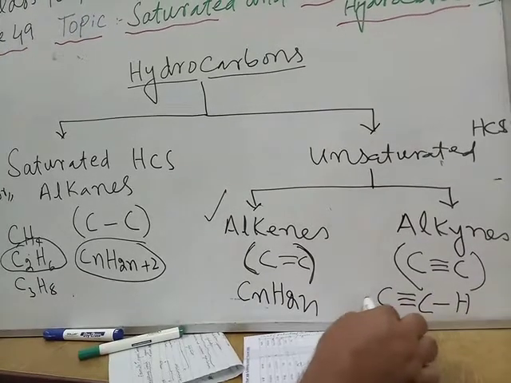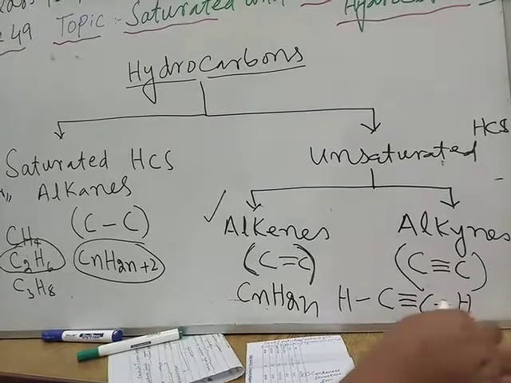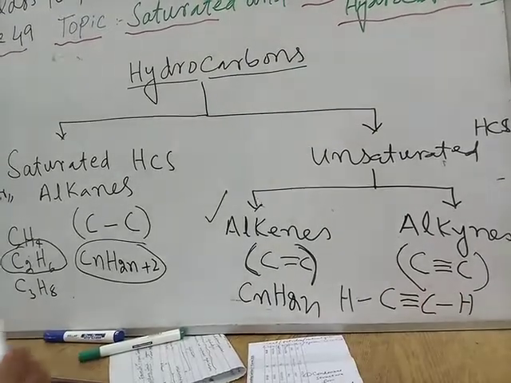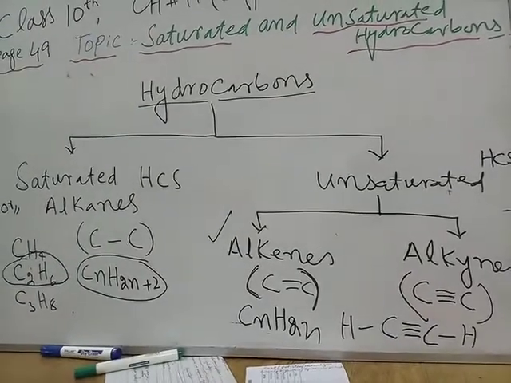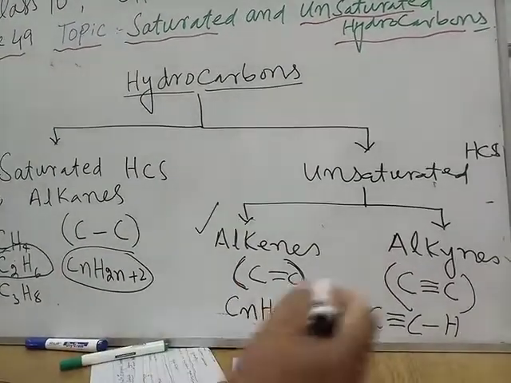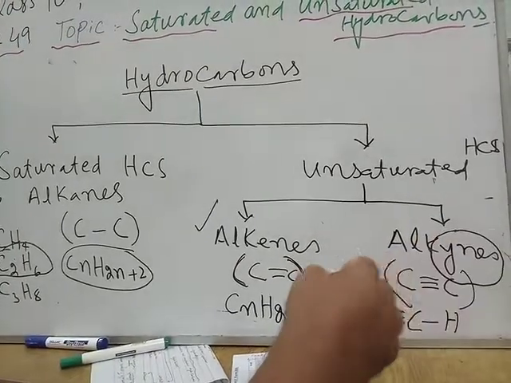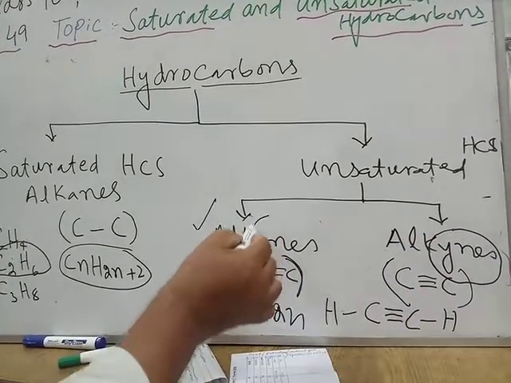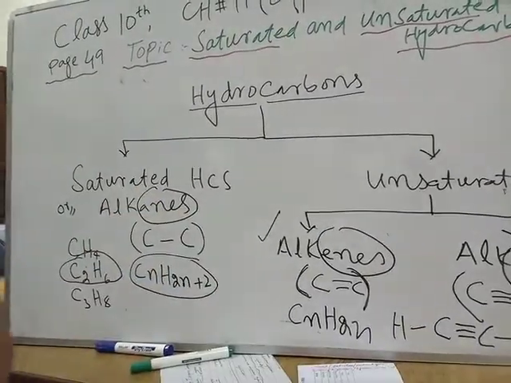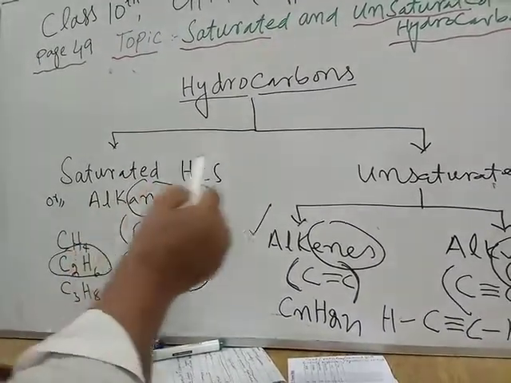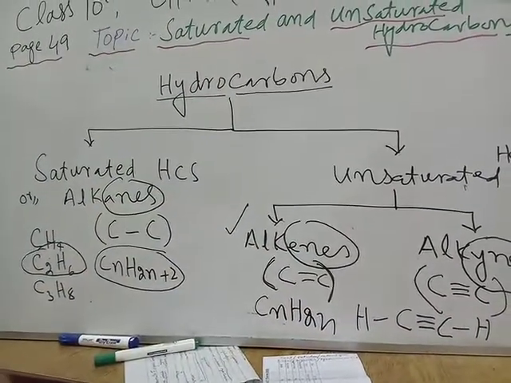Now look at this one: with the carbon-carbon triple bond, two hydrogens are connected at both sides of the triply bonded carbon atoms. So these are called alkynes. Here the suffix -yne is used in alkynes, the suffix -ene in alkenes, and the suffix -ane in alkanes. These suffixes represent the class of compounds.